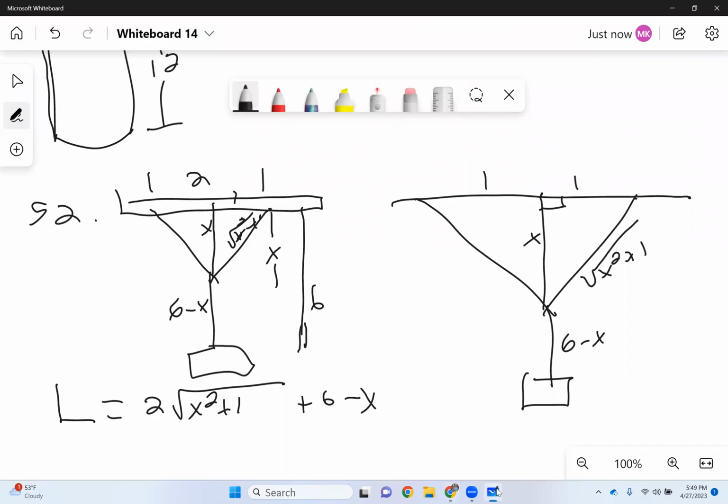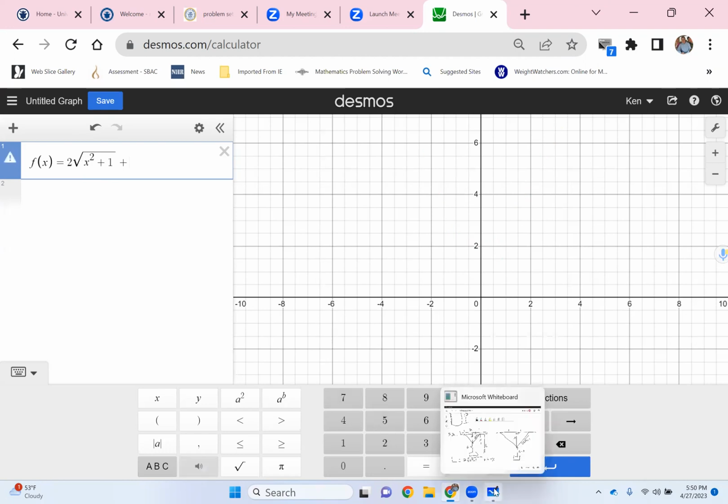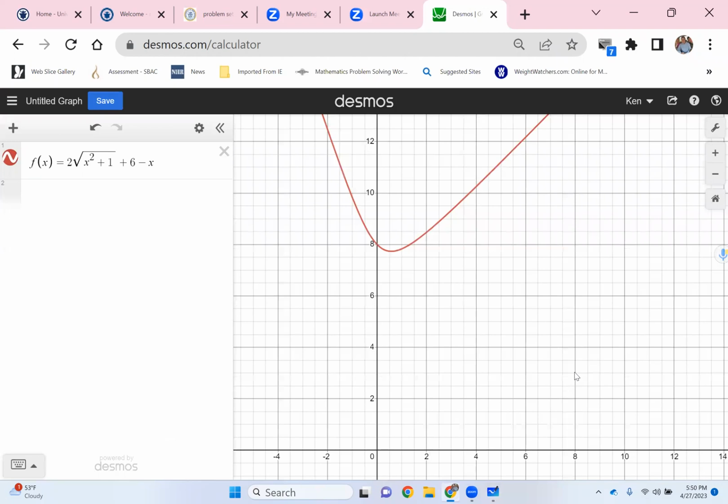Is it plus 1? Yes, X squared plus 1. Okay, and then plus 6 minus X. Okay. Where is the function? Oh, there it is.